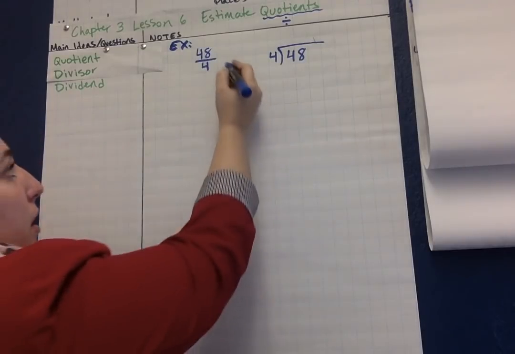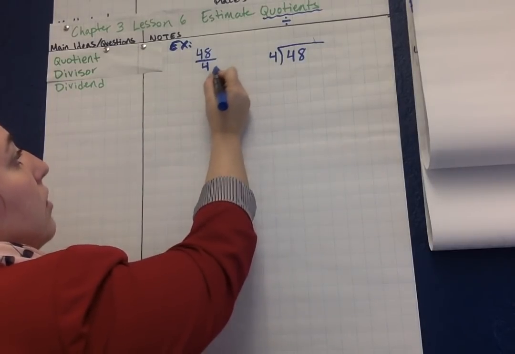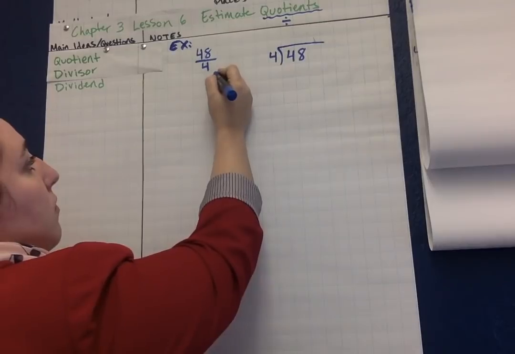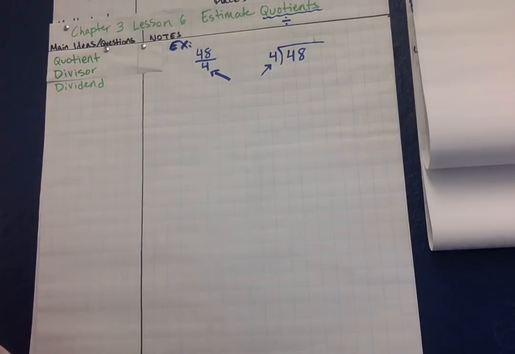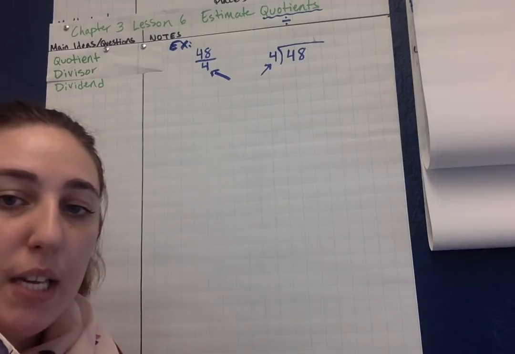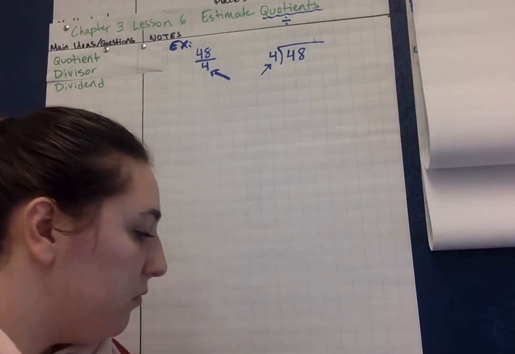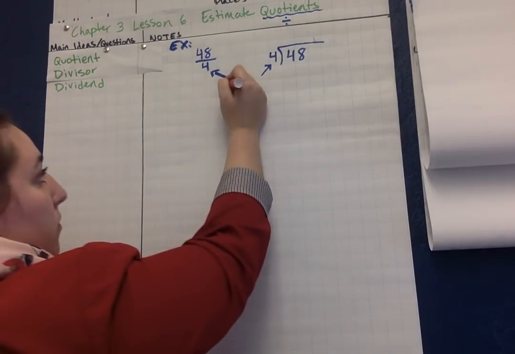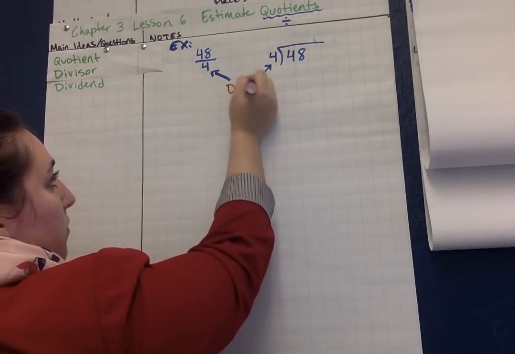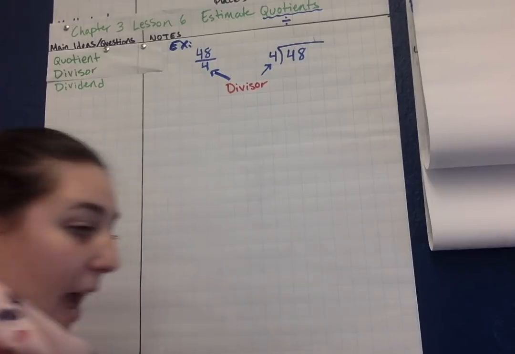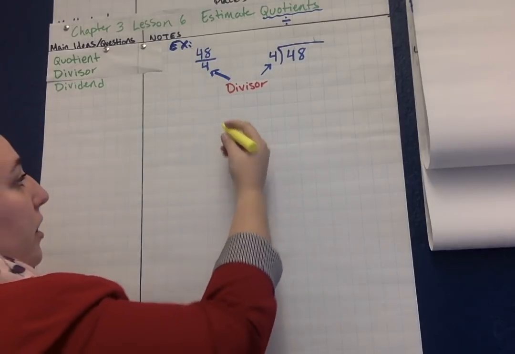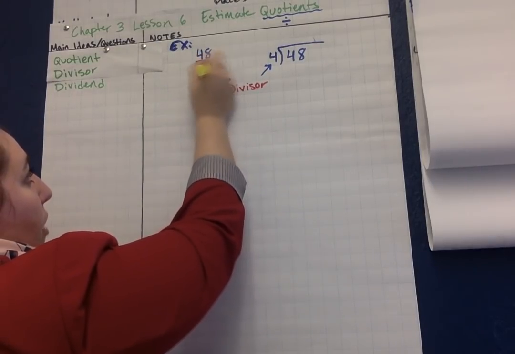This number, our denominator, is going to be our divisor, and I'm going to highlight our divisor with a yellow highlighter.